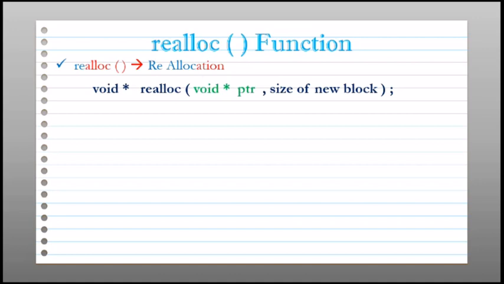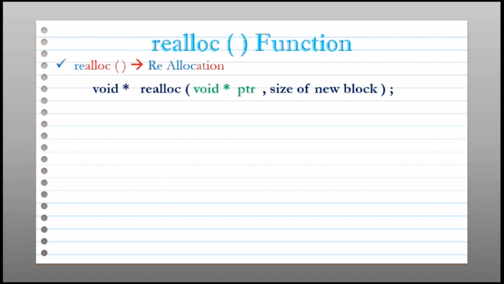Realloc changes the size of a block by extending or deleting the allocated memory at the end of the block. If the existing allocated memory can be extended, the PTR value will not be changed.